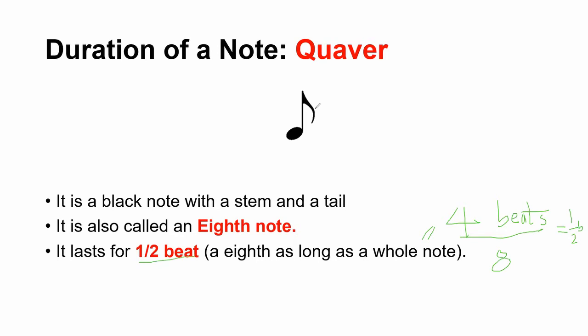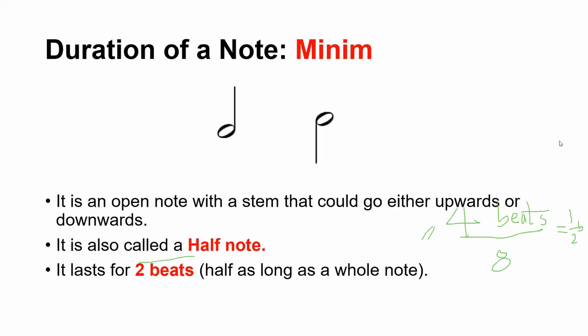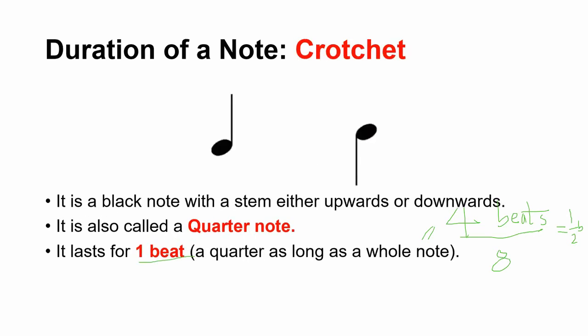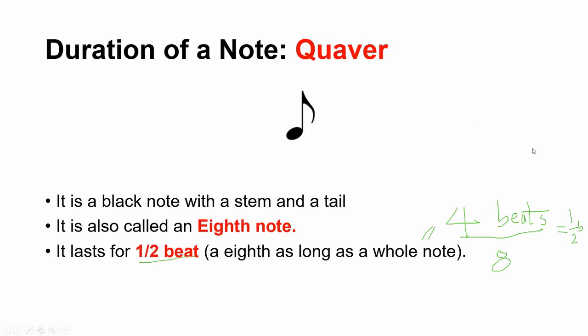So that's your beat. La, la, la. You hear that? A crotchet is 1 beat. So the crotchet here is 1 beat, like we've discussed. So it lasts for 1 beat. La, la, la, la. But your quaver is half a beat. So it's la, la, la, la.